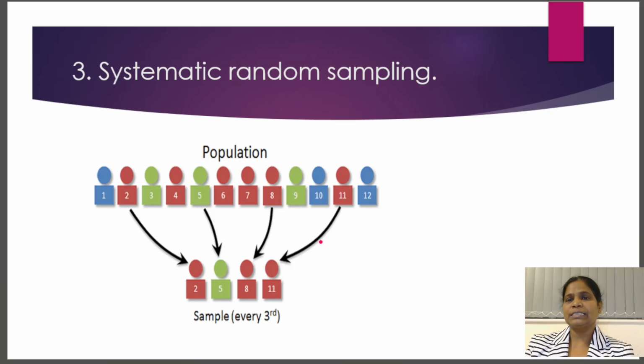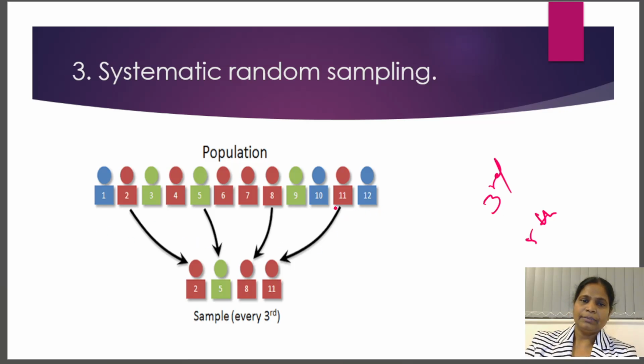When we say systematic random sampling, it is every third member or every fifth member. You start by selecting a starting number, maybe with a lottery, and then just skip 2 and take the next one, skip 2 and take, skip 2 and take every third member.